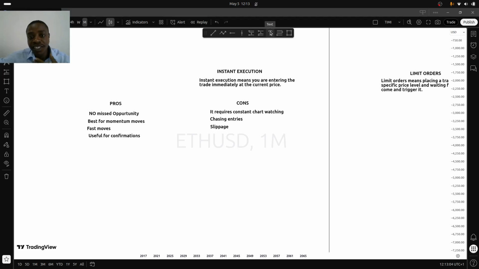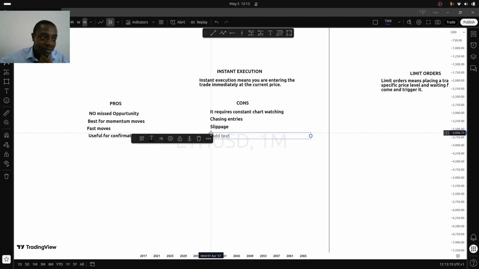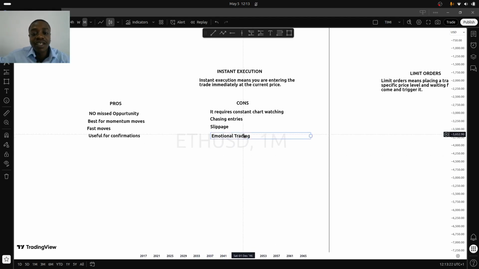Another con of instant execution that I've been able to come up with is emotional trading. By emotional trading, I mean you start entering based on impulse moves.